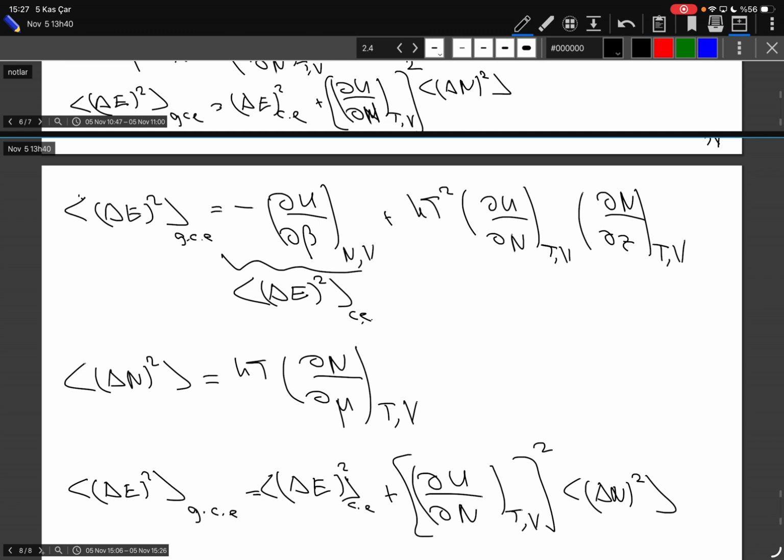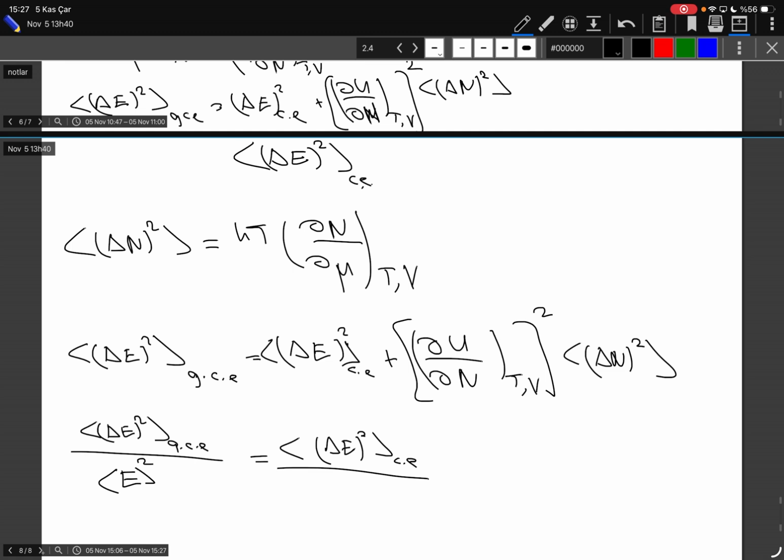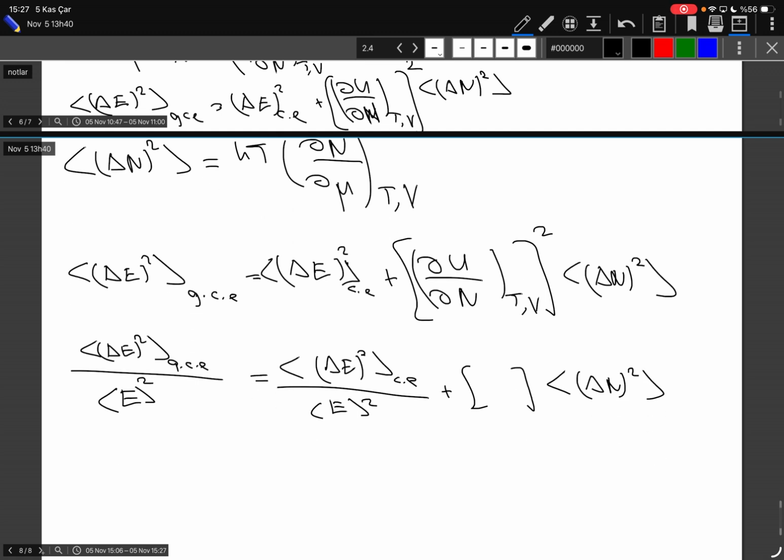So the first term, when we look at this ratio, the fractional fluctuation, this term goes as 1 over N. That is what we had seen also when we were discussing the canonical ensemble.